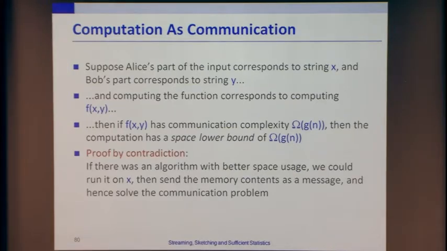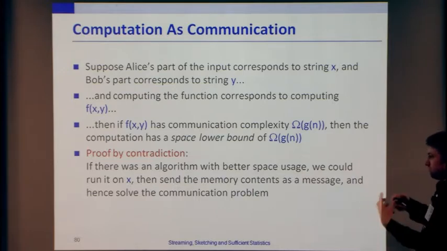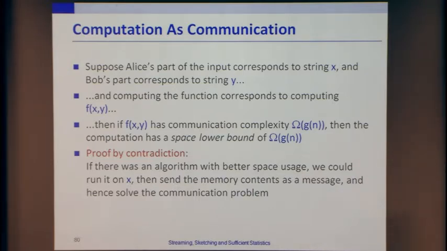It's a one-line proof argument: if that weren't the case, if there was an algorithm with better space usage, if there was a smaller sketch, then we could simulate that algorithm and use it to solve the communication problem.